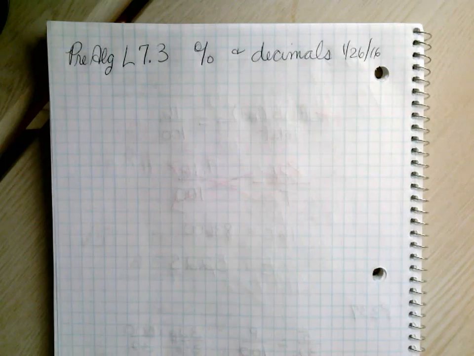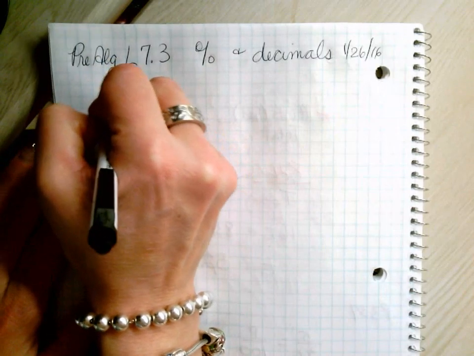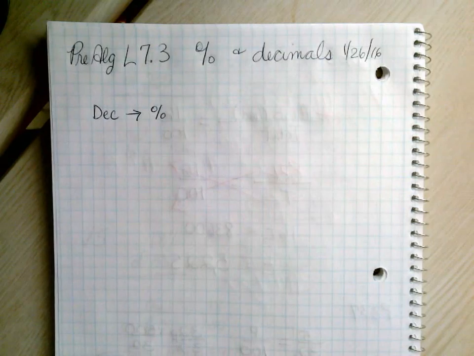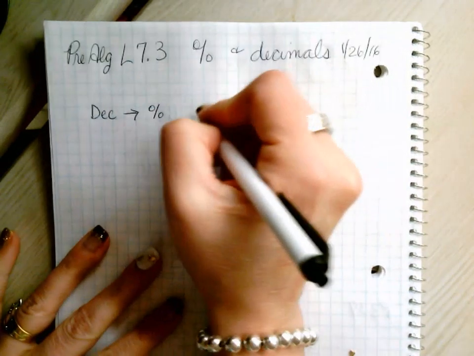But according to the book, in the middle of the page below the hippopotamus pictures, it says to convert a decimal to a percent, move the decimal point 2 places to the right, and then add the symbol. Okay?